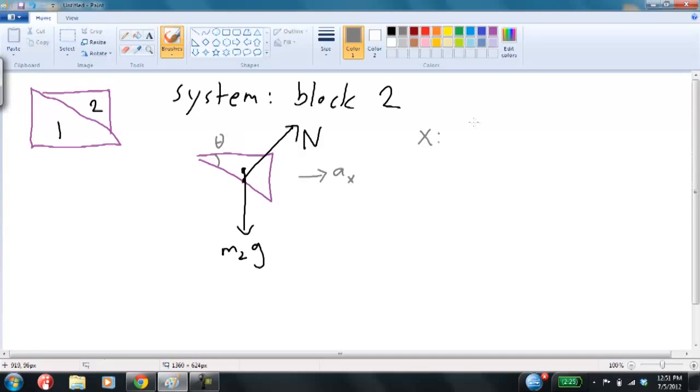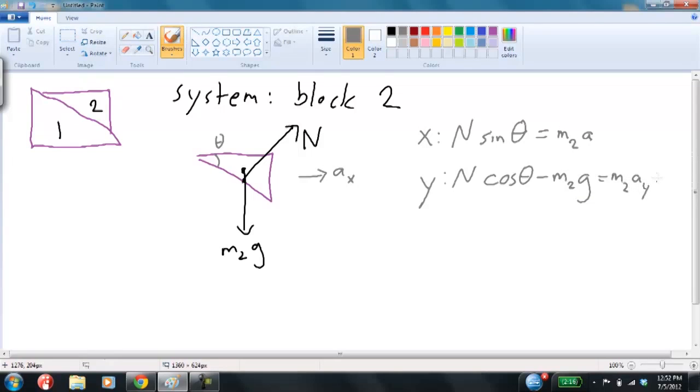And so we have in the x direction N sine theta, and then we have m2g, but that's going straight down, and this is equal to m2a. Another equation, now the y direction up and down, is N cosine theta minus m2g equals m2 a_y.